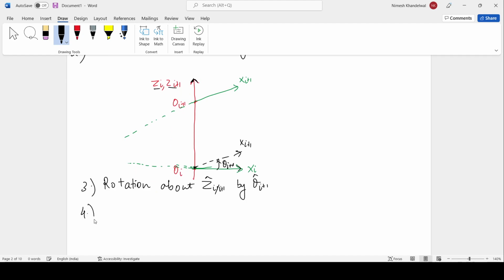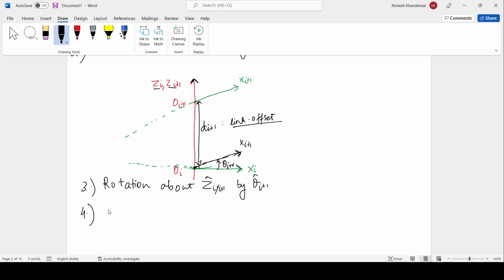And once these x axes of both the frames coincide, the last thing that separates these two frames is this displacement between the two origins. We'll name all these different transformations, but let us give the name to it right now itself. It is the link offset.